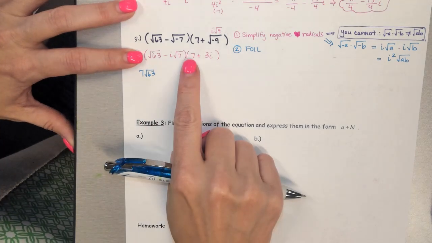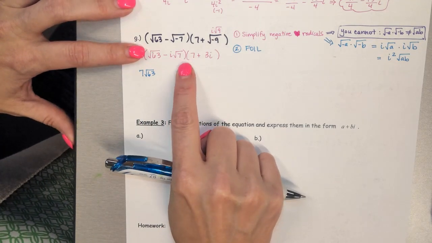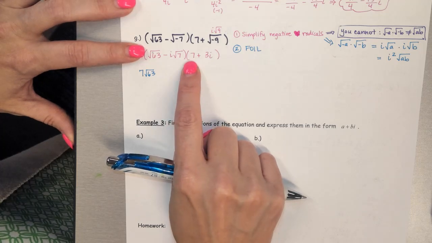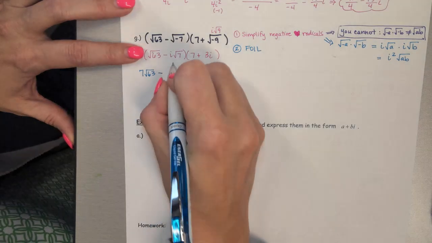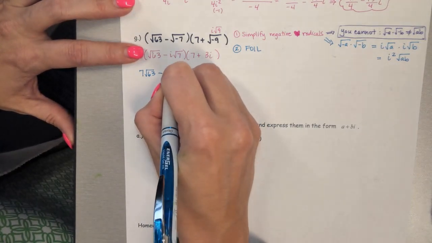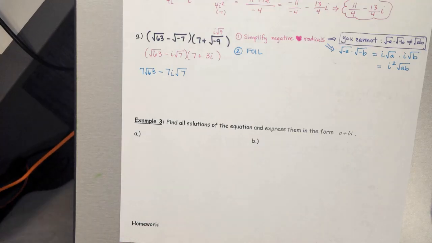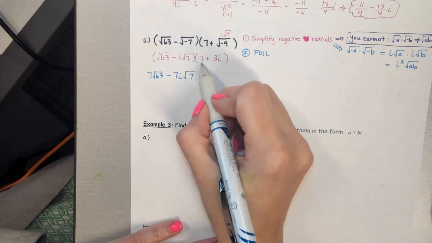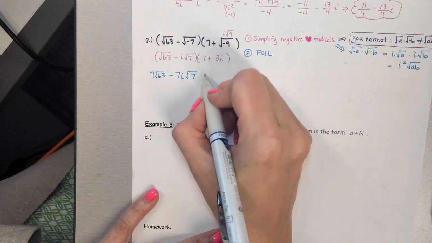Okay, so for FOIL, first times first. The next one I'm going to do is the inside. So again, if it's a whole number times a radical, you multiply the ones on the outside. So it's negative 7i root 7. Okay, I like to do that inside one first. Now I'm going to go to the outside.